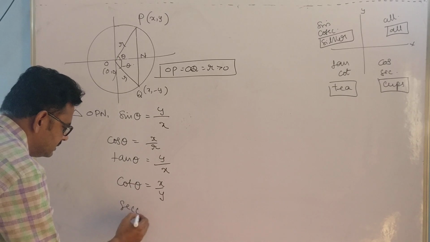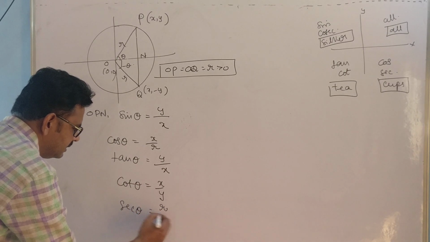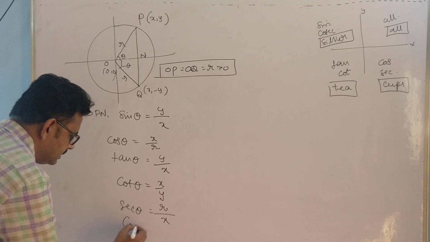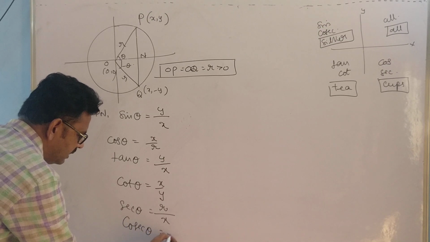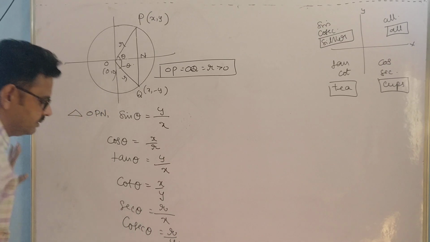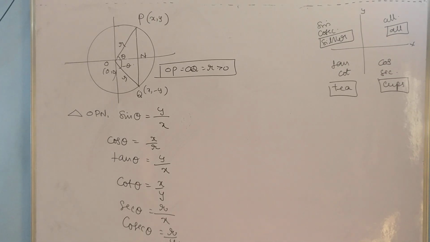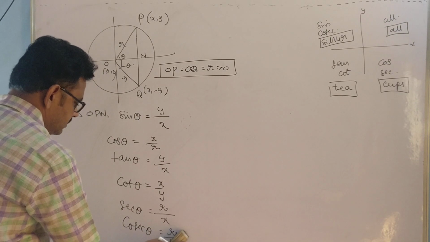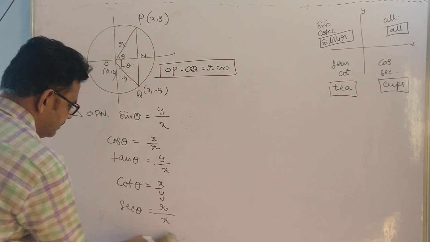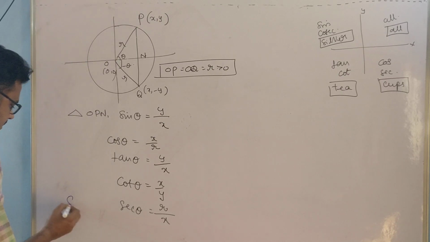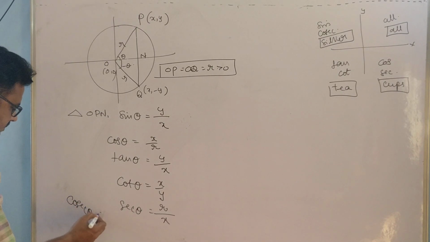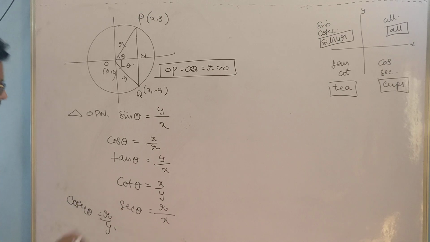Secant theta is r by x. And cosecant theta is r by y. That is, I can write cosecant theta is equal to r by y.